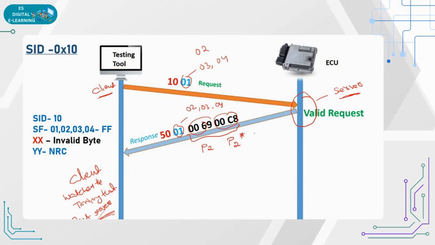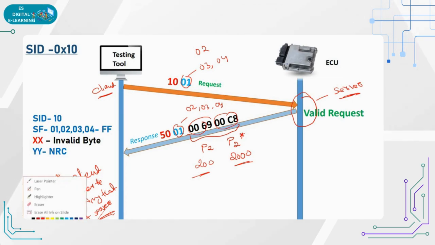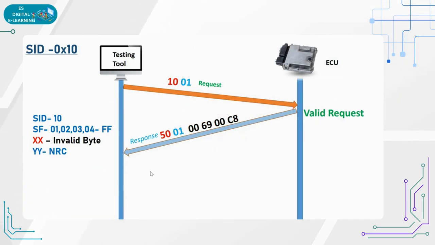That timing is replied like 0069 0068. The client knows what time you responded, because I got a response now, and from that point I know the minimum time is 200 and this is 2000. So this is the conversion. Now the client understands the response time is like this.